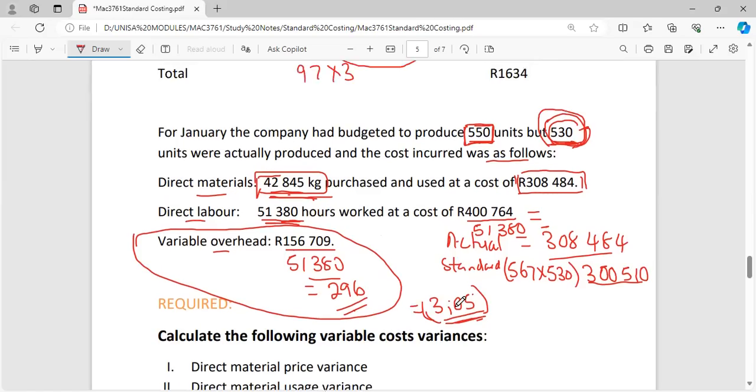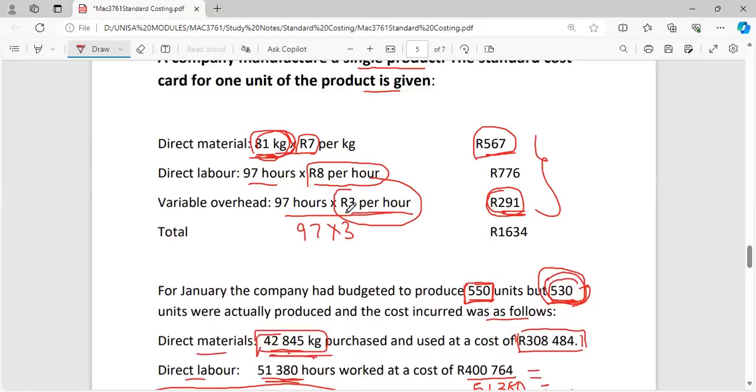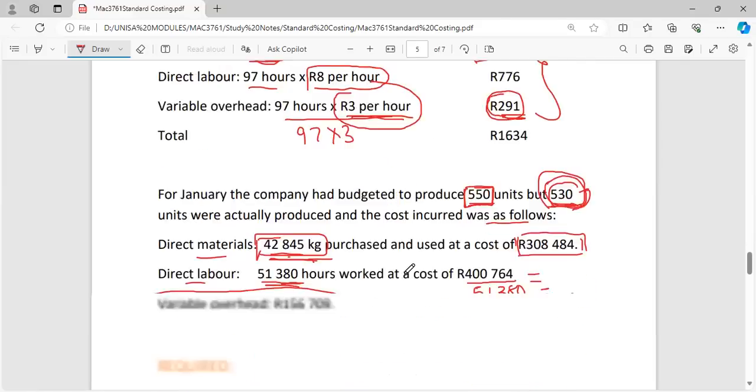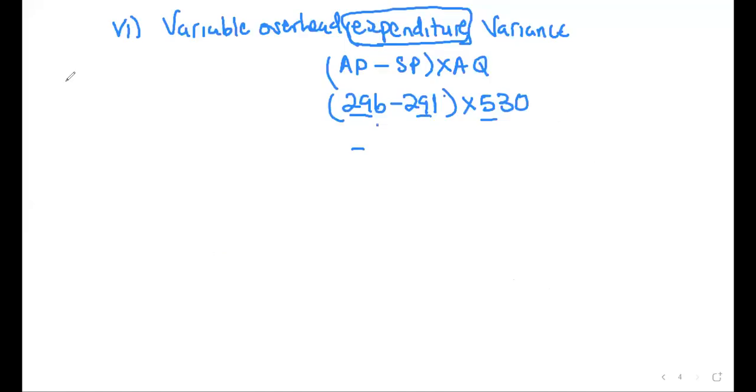So now we have 3 Rand 5 cents, and that is going to be our actual. Then we compare it with our budget. Our budget is 3 per hour and our actual is 3.05.